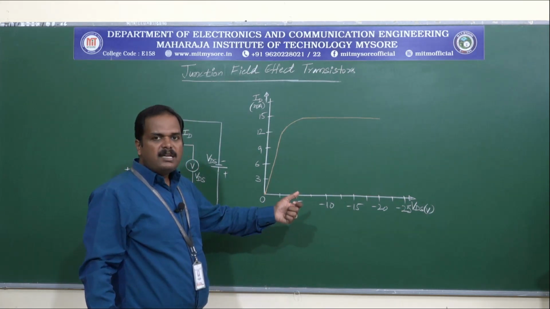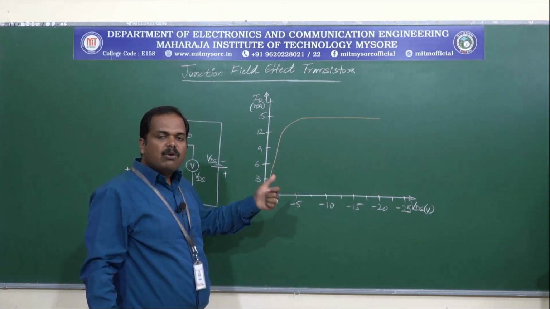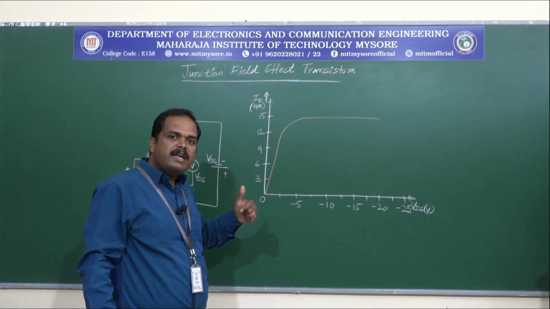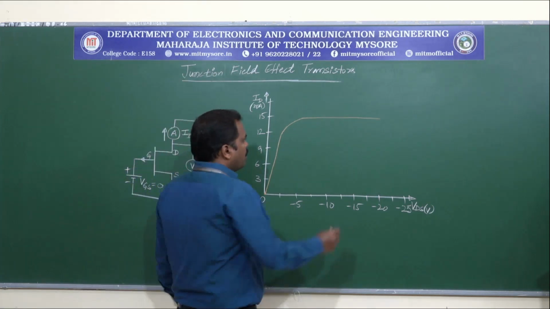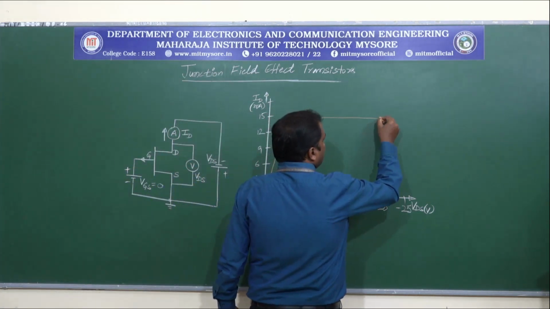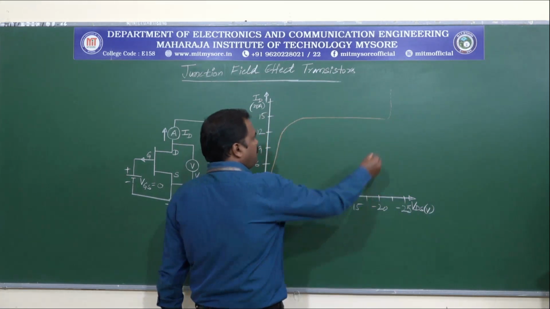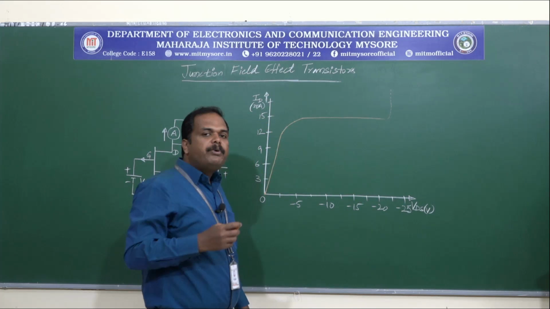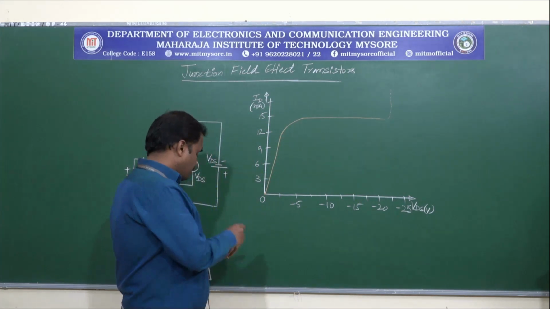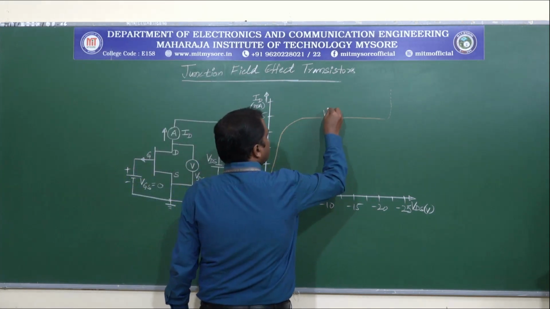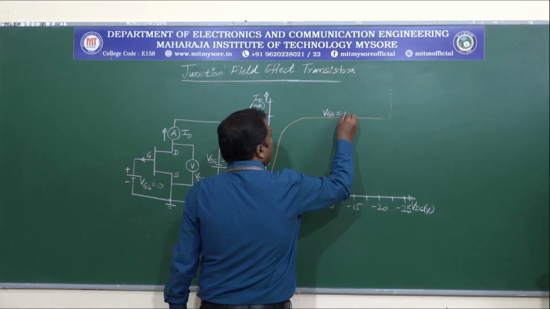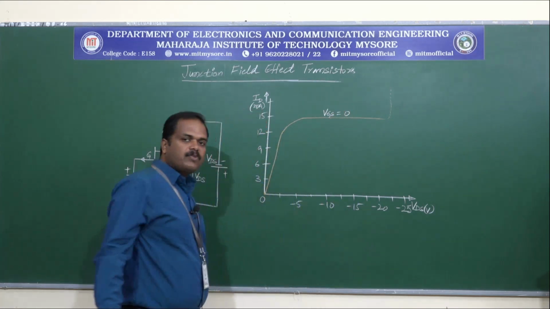Further increase in VDS will cause the device to enter the breakdown region where current is going to increase rapidly. So this we call the breakdown region. So this is for VGS equal to 0.